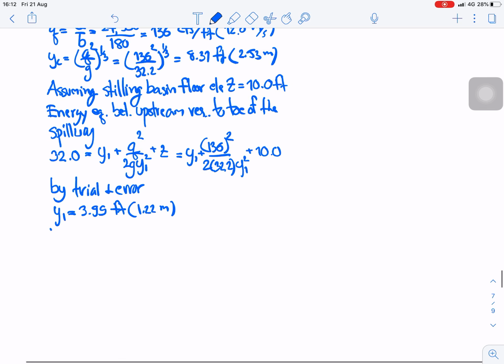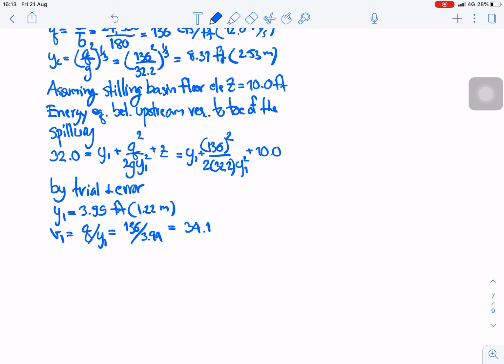Then next we check V1. V1 is equal to q divided by y1, which is 34.1 feet per second or 10.4 meters per second.